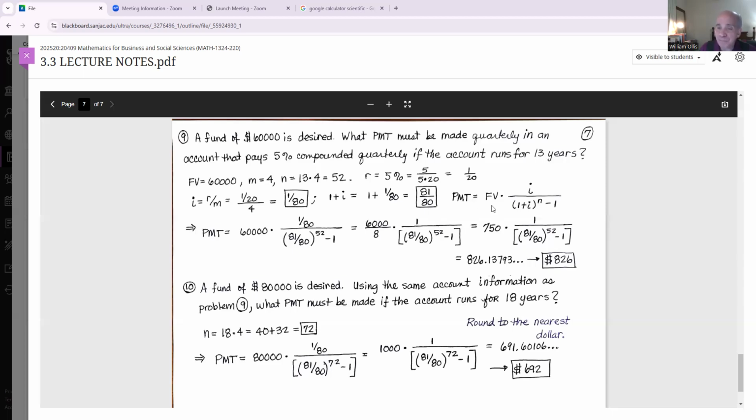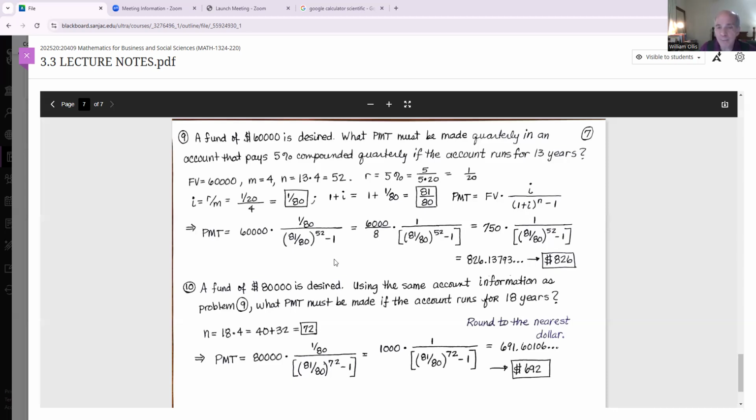Now, remember, when we solve for the payment, we have the future value times the fractional part. So we've got the periodic interest, we have the future value, there we have 60,000, and we have 1 over 80. And then, of course, the 1 plus i we've computed to be 81 over 80, and we must raise that to the n, which in this case is 52, and then subtract the 1.